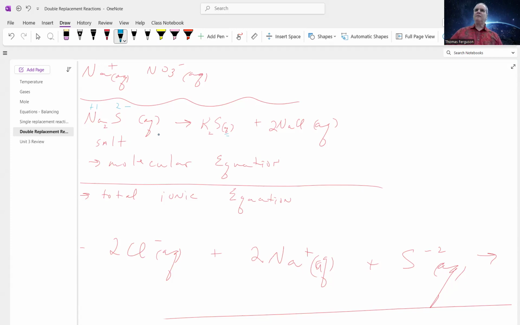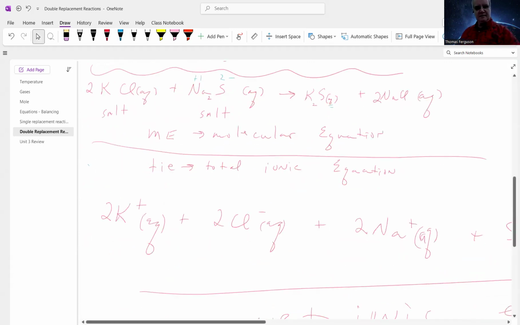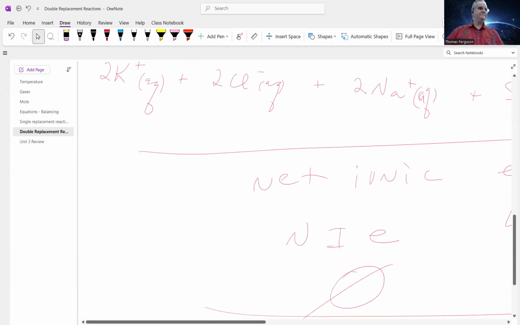So the solvating force is predominant over the crystal lattice forces. So nothing appears to happen. So the net ionic equation is null set. There is no net ionic equation. You still have to put down, there's no net ionic equation.